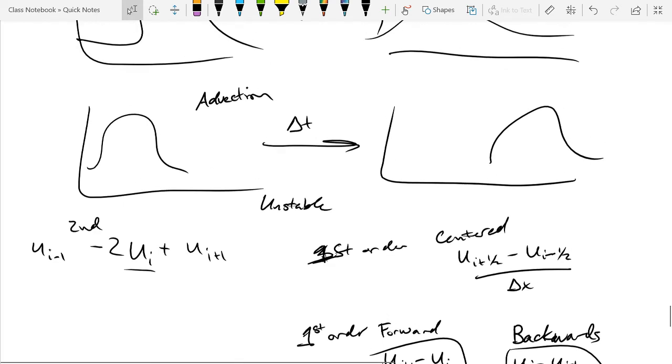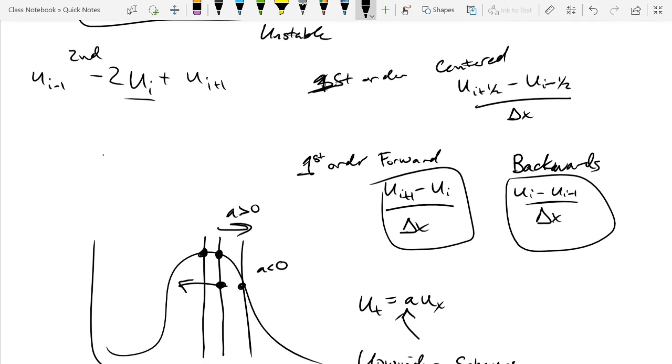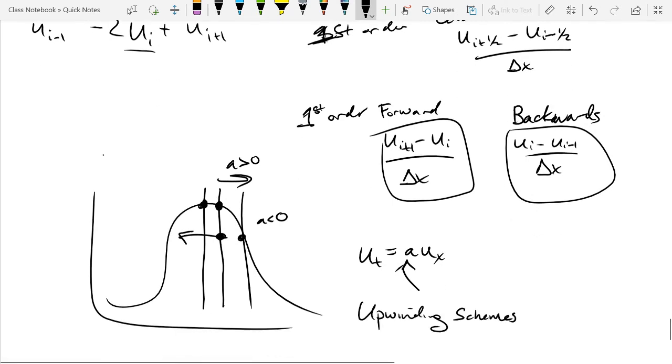So now these are called the upwinding schemes. And this right now, remember, is just the first order forward or backwards discretization.